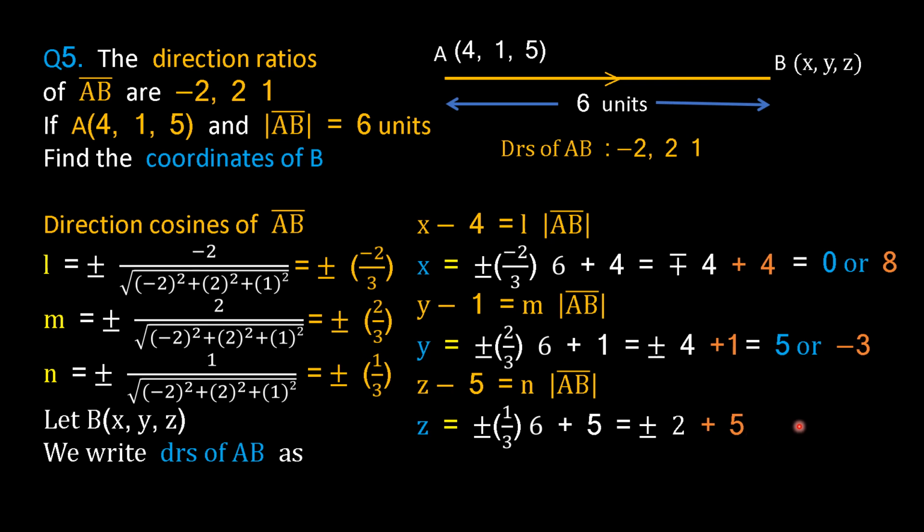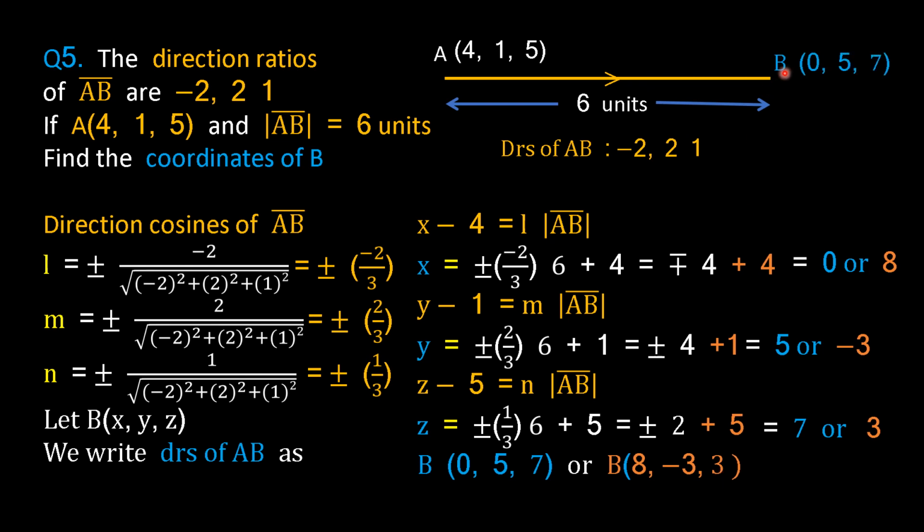So that gives us z equals 7 or 3. So coordinates of B will be 0, 5, 7, or they will be 8, minus 3, 3. So coordinates of B are (0, 5, 7) or (8, -3, 3).